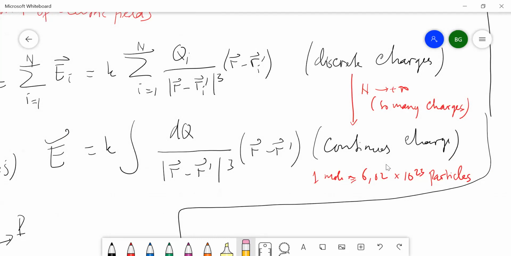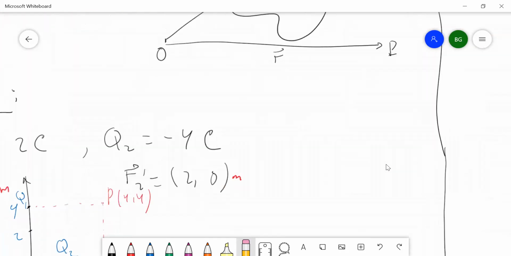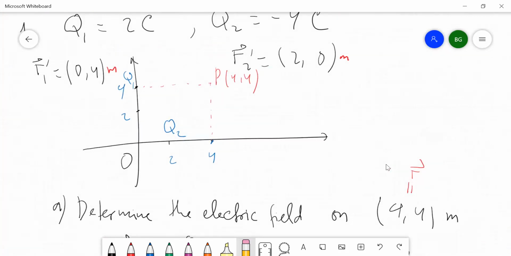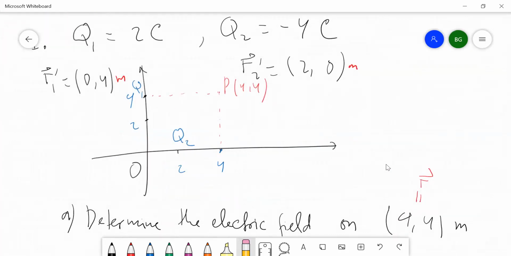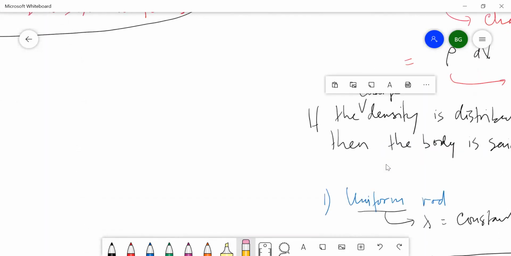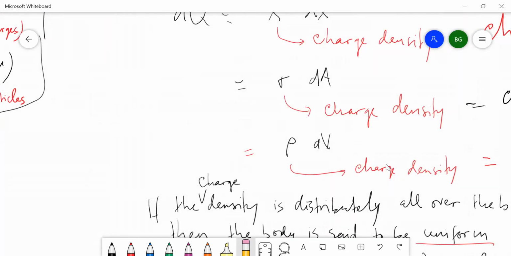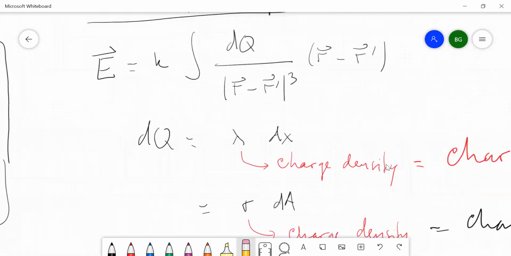Itu aja. Nah, jadi yang ini tadi saya kasih contoh, ini adalah medan listrik dari 2 muatan. Kemudian yang ini, medan kontinu itu ada 3 jenis lah ya.